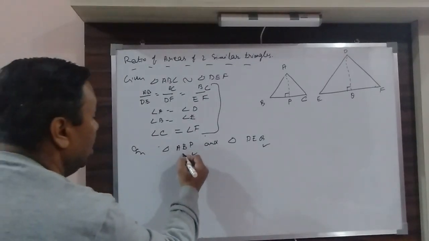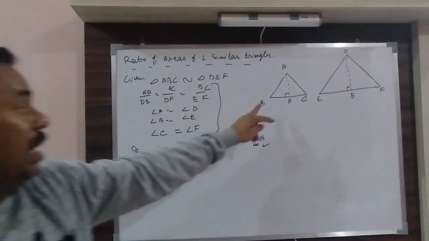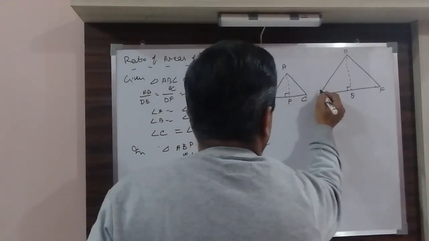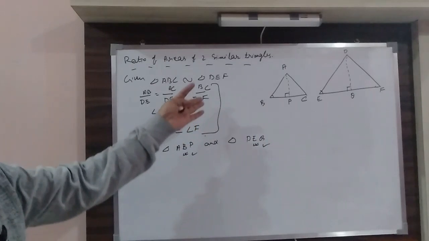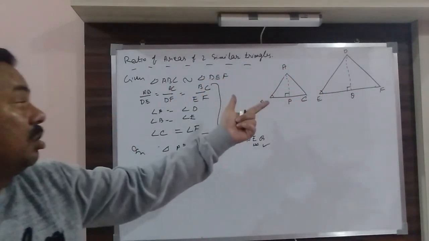The second thing, angle B is equal to angle E, because it has been given that the triangles are similar, so the corresponding angles have to be equal.